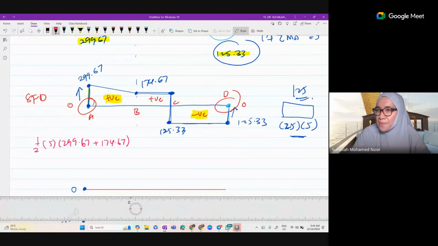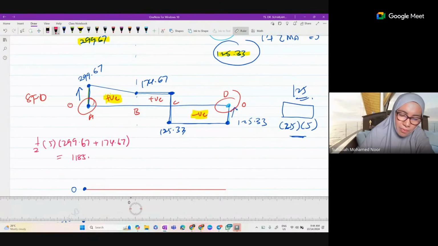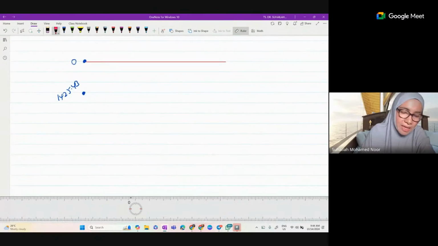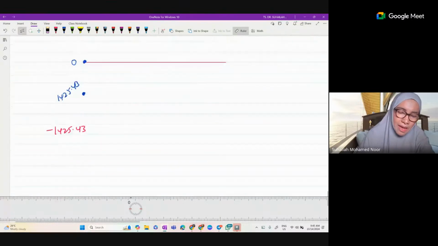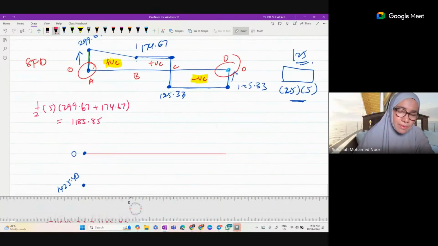This is the area of the trapezium, right? What value do we get? 1185.85. So to get this point, we are now at 1425.43 and we have to add the area of the trapezium, 1185.85.